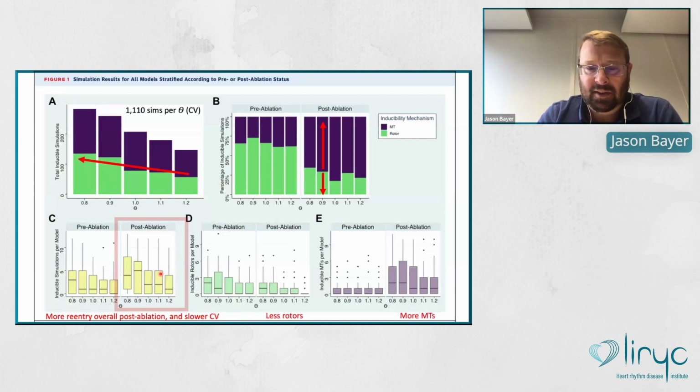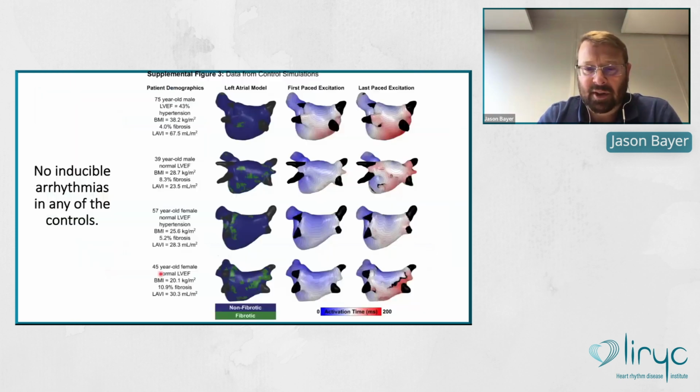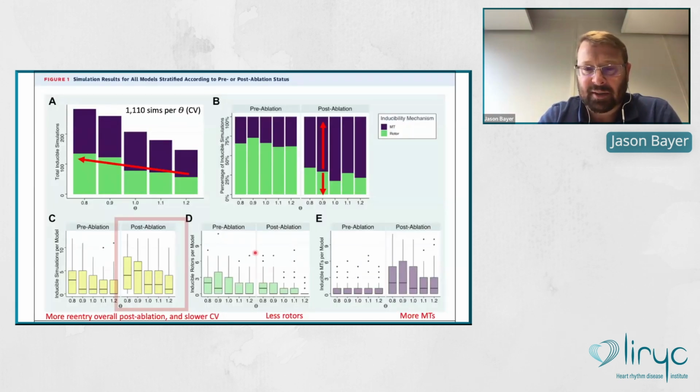And again, this is just in the specific models, to show that there were fewer rotors post-ablation and more macro-reentrant tachycardias. So they see 2 different types of arrhythmias, but overall, as conduction velocity gets slower, they seem to see more arrhythmias in both cases.